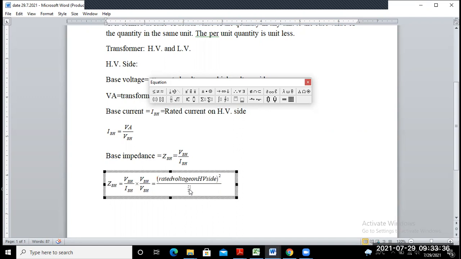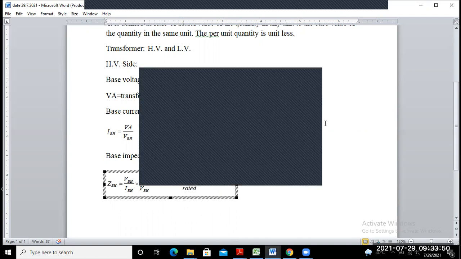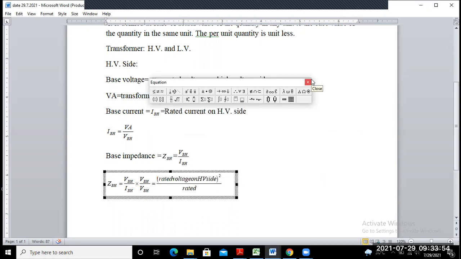And this one we can retain as the rated volt ampere rating of the transformer, IBH into VBH. So the rated volt ampere of the transformer. Is it not?